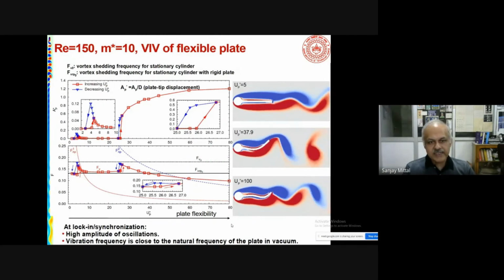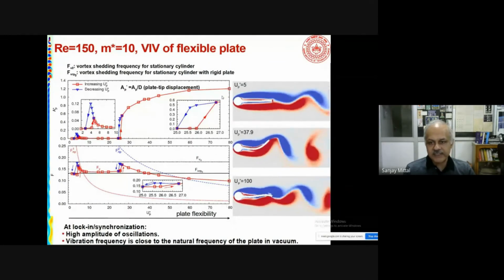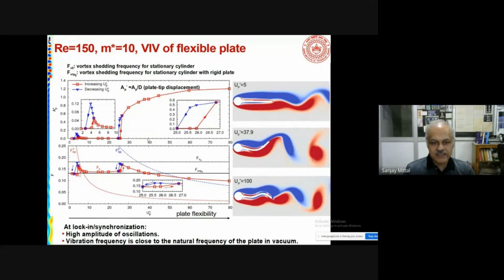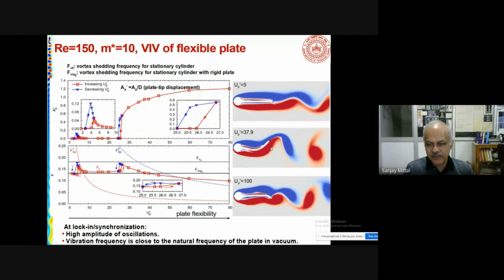We did this at Reynolds number 150, M star 10, and shown here are three videos. At a very low UP star, you can see the plate is vibrating in the first mode, and there is this regular 2S shedding. Then at something like 37.9, which is somewhere here, you can see now it's not really the first mode, it's a mix of second and third mode.